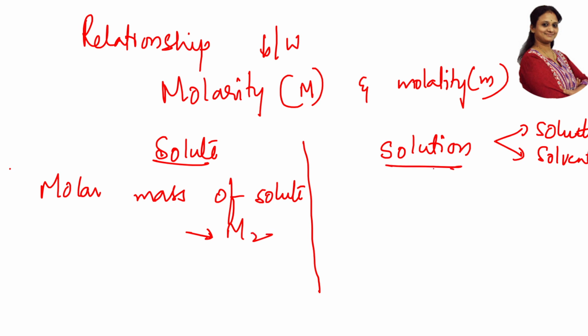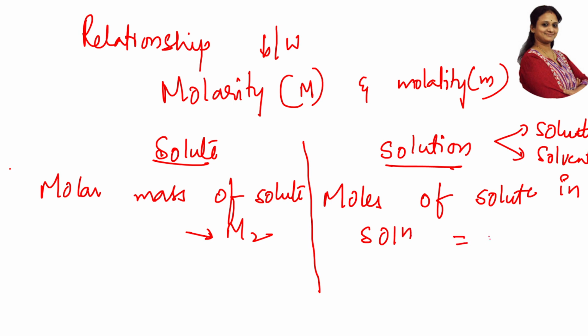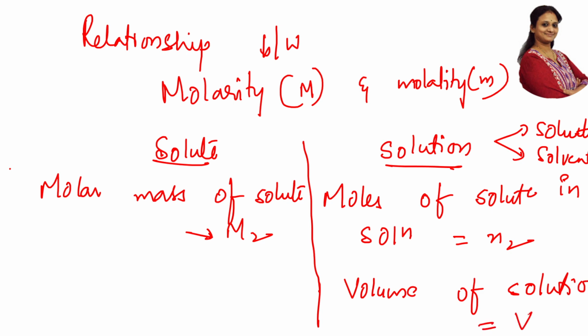Now in the solution part, I'm writing moles of solute in solution, which I'm denoting by N2. Is it okay? Yes. Volume of solution, I'm denoting by capital V. This is okay.